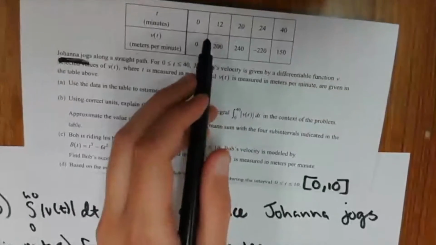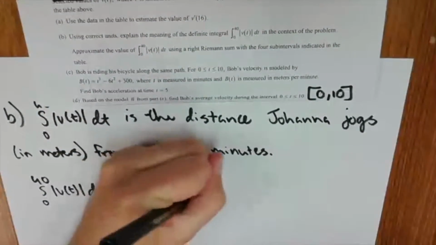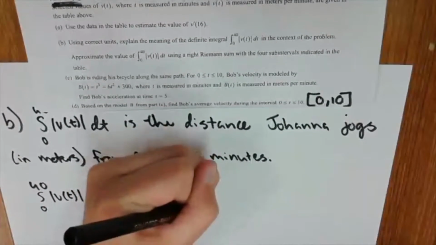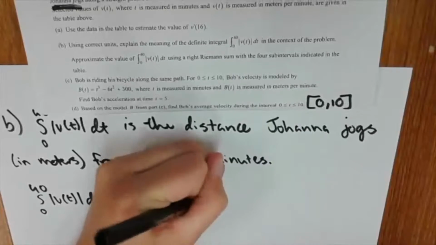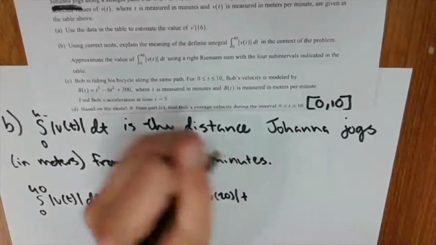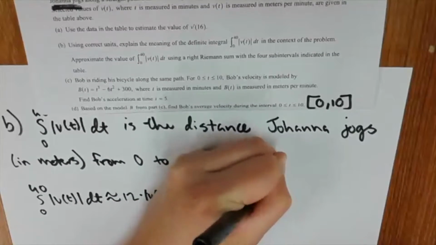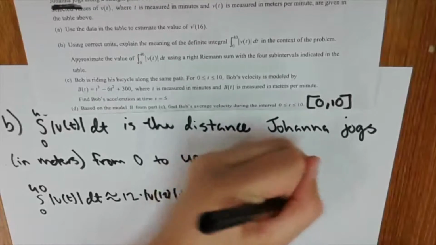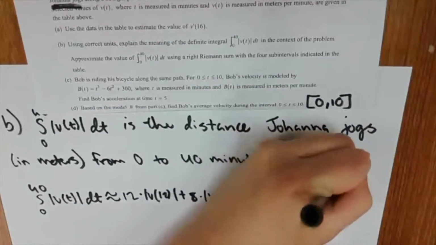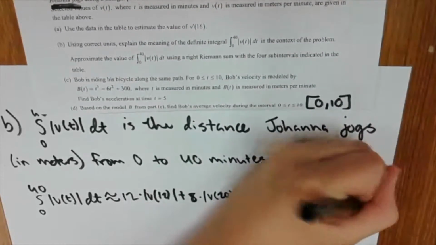And then 20 minus 12 is 8, times our velocity at 20, plus 24 minus 20 is 4, times our velocity at 24, finally plus 40 minus 24 is 16, times the velocity at 40.